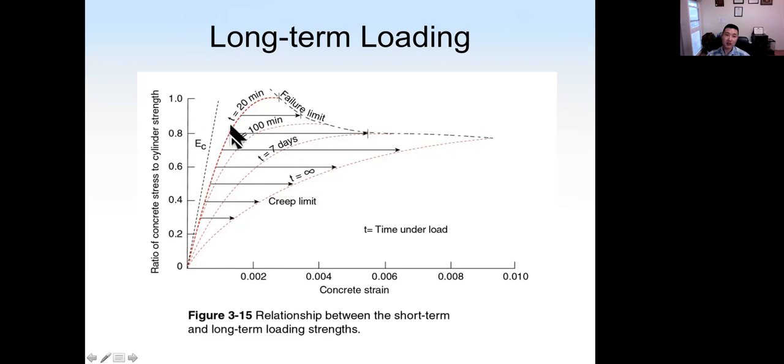The first case is t equal to 20 minutes, which means we apply the load only for 20 minutes, versus t equal to 100 minutes, versus we apply the load for 7 days, versus we apply the load all the time.